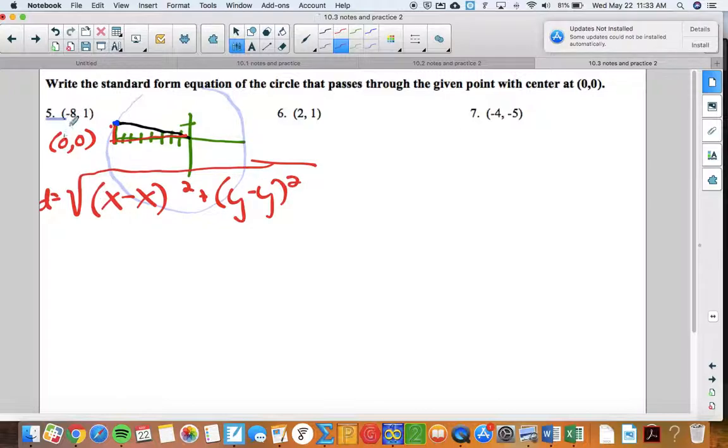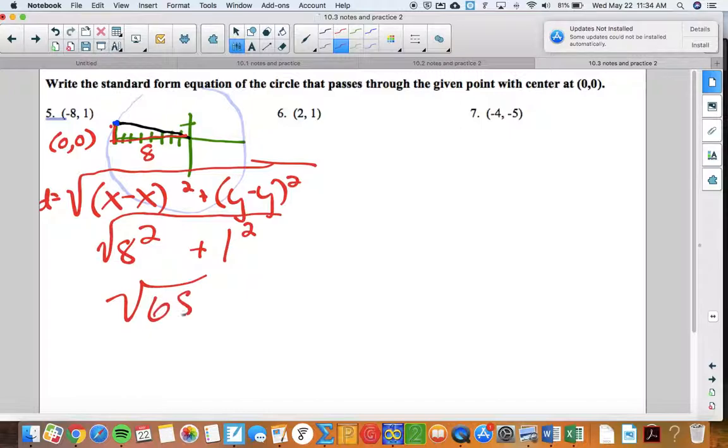Well, what's the distance between -8 and 0? It's 8. This length is 8, so we're going to square that. What's the distance between 0 and 1? That's 1, so we're going to square 1. And then we're going to square root all of that. So we get the square root of 65. That's what the radius is.